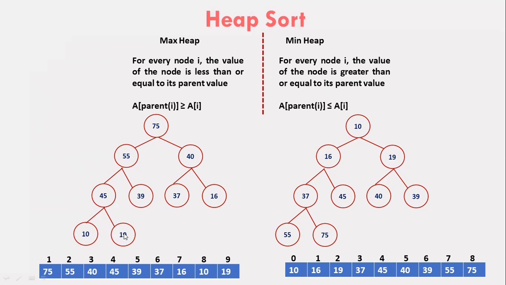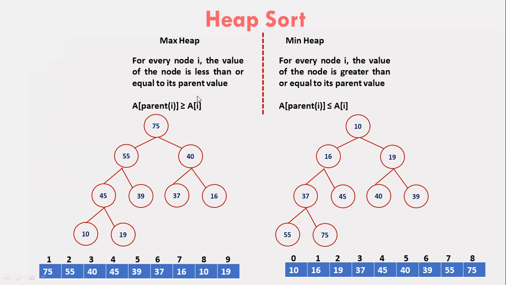So here, what is a max heap? In a max heap, for every node i, the value of the child node is less than or equal to its parent node, except the root node. Why except the root node? Because the root node is not going to have any parent.